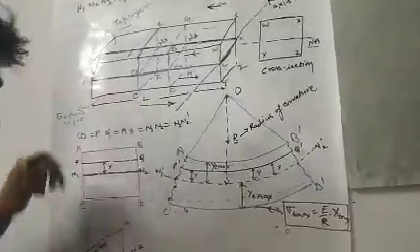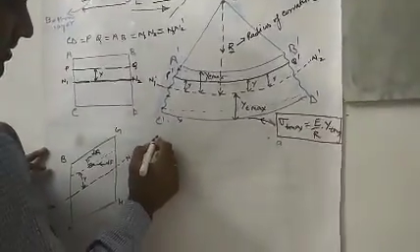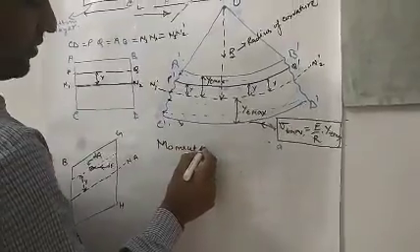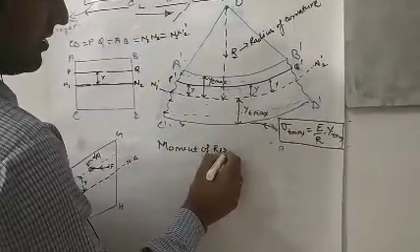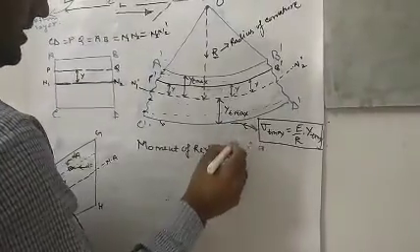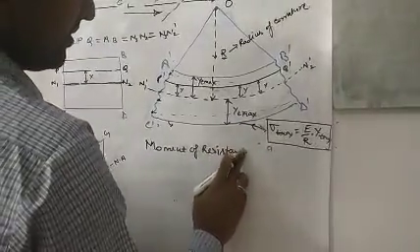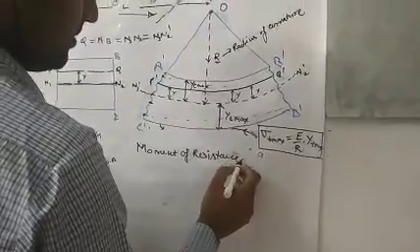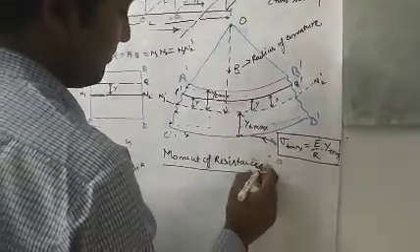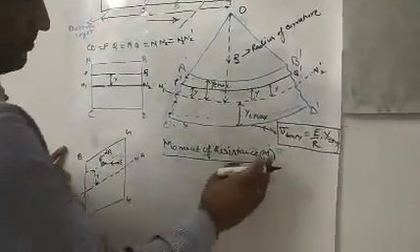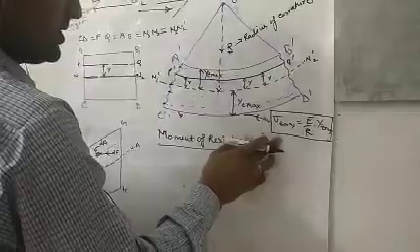Right? So here I will give you the concept of moment of resistance, which for the analysis of bending stresses in the beam is considered equal to the maximum bending moment of the beam, right? Moment of resistance is denoted by M. Clear? What is moment of resistance?